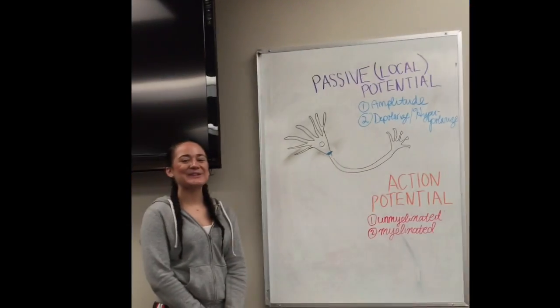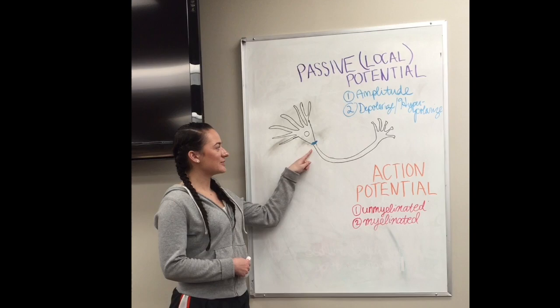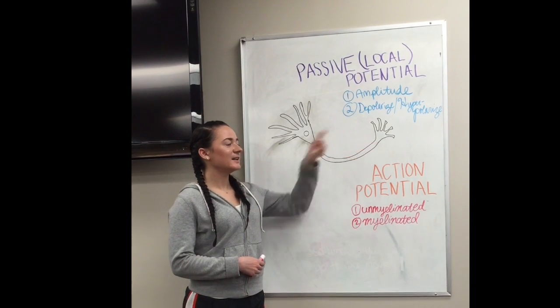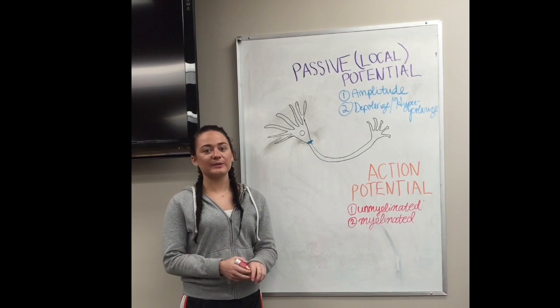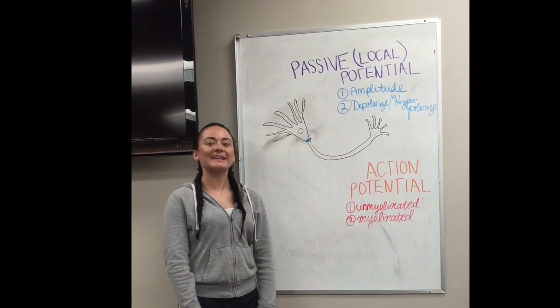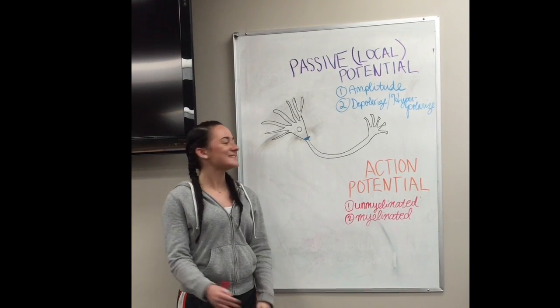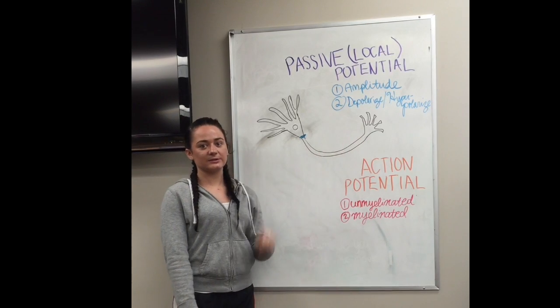So action potential is going to be a little bit different. Instead of being located here, it's going to travel the entire length of the axon. And it can do that two ways. First would be an unmyelinated way, which is a slower conduction. So the myelin helps speed things up. If it's unmyelinated, it's going to be slow and it's going to go the whole direction.